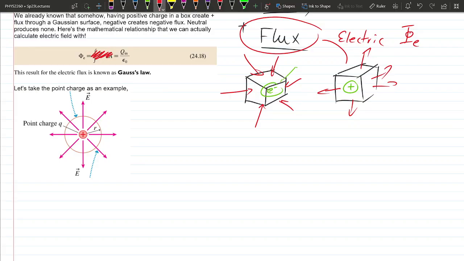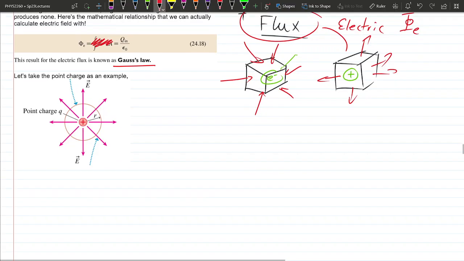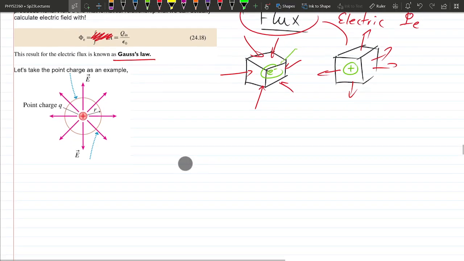So this is known as Gauss's law. It's kind of a fantastic thing. Let's take the point charge as an example and see what happens. Gauss's law tells me that the electric flux is going to be how much charge is inside divided by this epsilon naught.